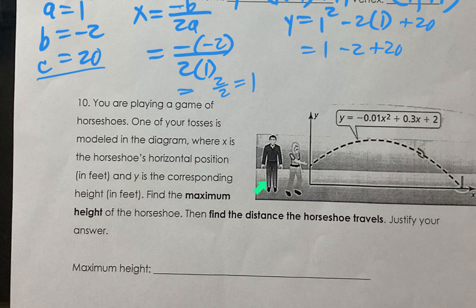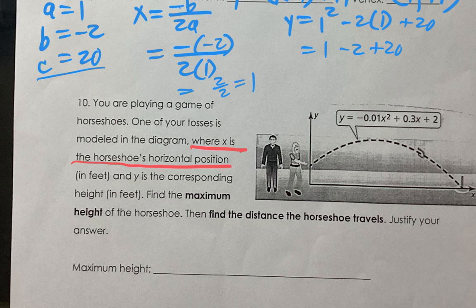Let's just highlight the important stuff. x is a horseshoe's horizontal position, so going from left to right, that's what x is. That's in feet. And y is the corresponding height in feet. So y is going up and down, x is going across. Very good. Find the maximum height of the horseshoe. Then find the distance the horseshoe travels.